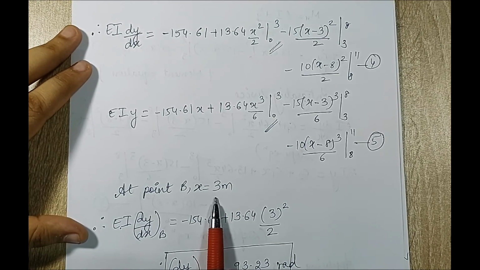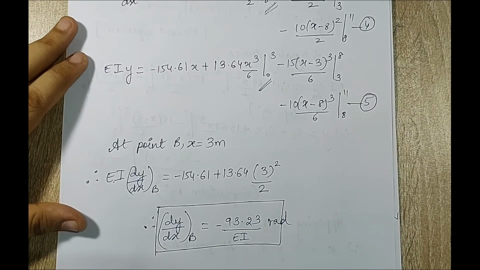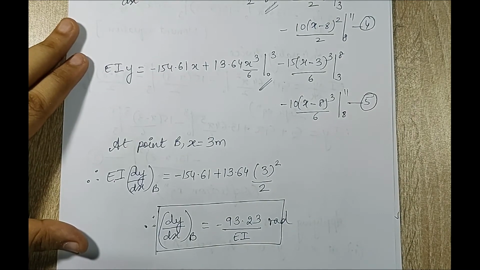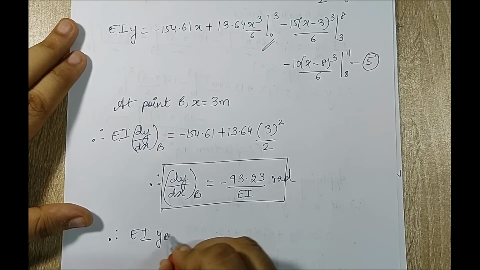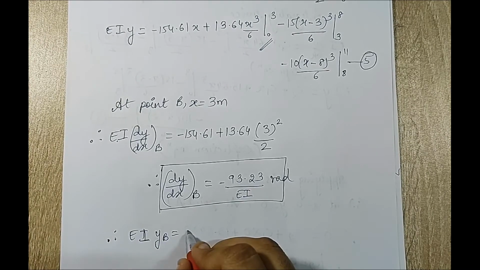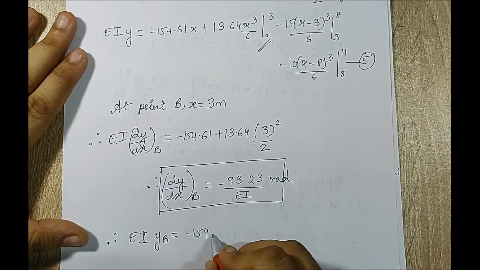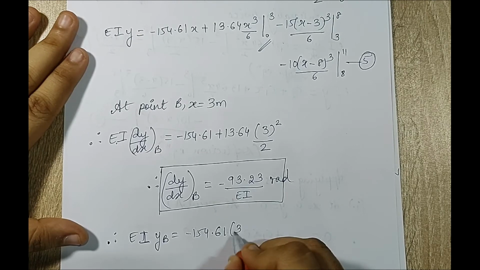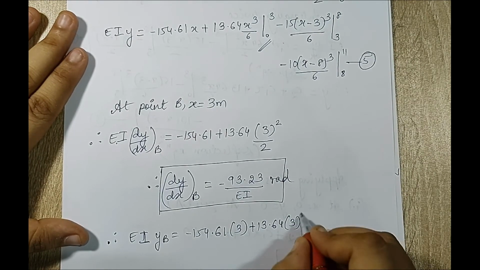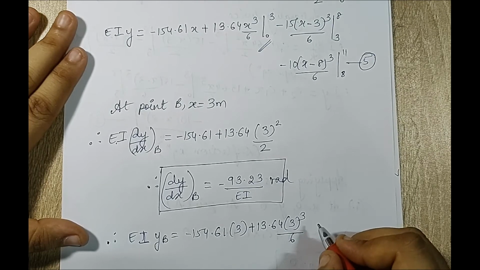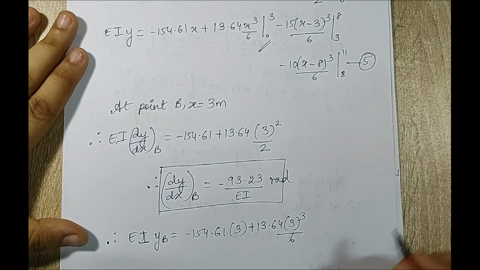Next, I'll substitute x is 3 in this equation. So I get therefore EI y of B is equal to minus 154.61 into 3 plus 13.64 into 3 cube upon 6. Now I can't go any further.